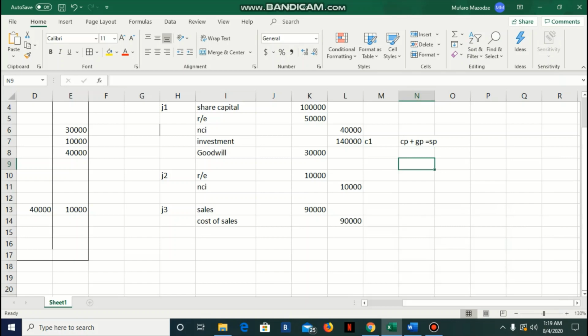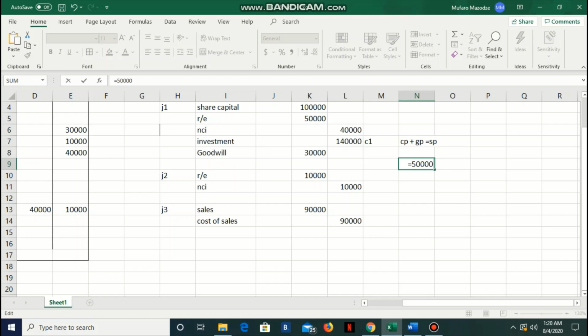The 50,000 rand that is in closing inventory is considered the selling price. I'll put that in inverted commas because it's the amount that the parent purchased from the sub.